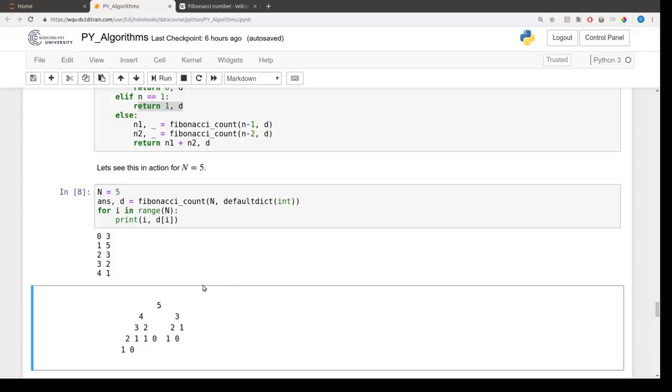So for example, to calculate the 5th Fibonacci number, we would calculate the 4th. And to calculate that, we would need the 3rd and the 2nd. When we calculate the 2nd, we store that result in memory. To calculate the 3rd, we need the 2nd and 1st. We know the 1st, and we just calculated the 2nd. So we can now eliminate this level of call because we already know the answer here.